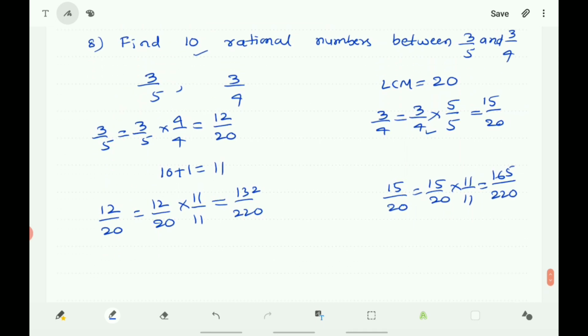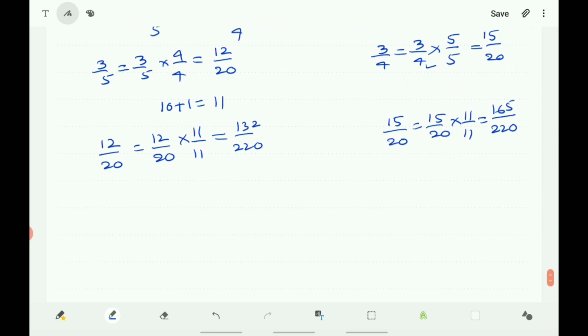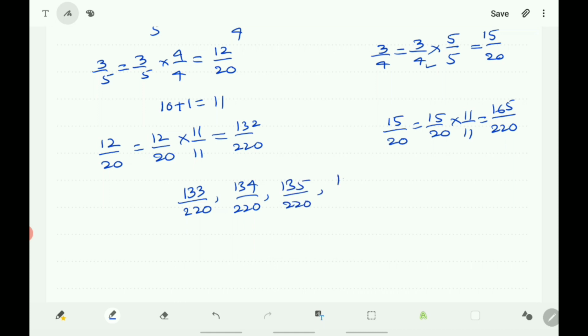Now here you write 10 rational numbers. So it starts from 133 by 220, 134 by 220, 135 by 220, 136 by 220, then 137 by 220, 138 by 220.